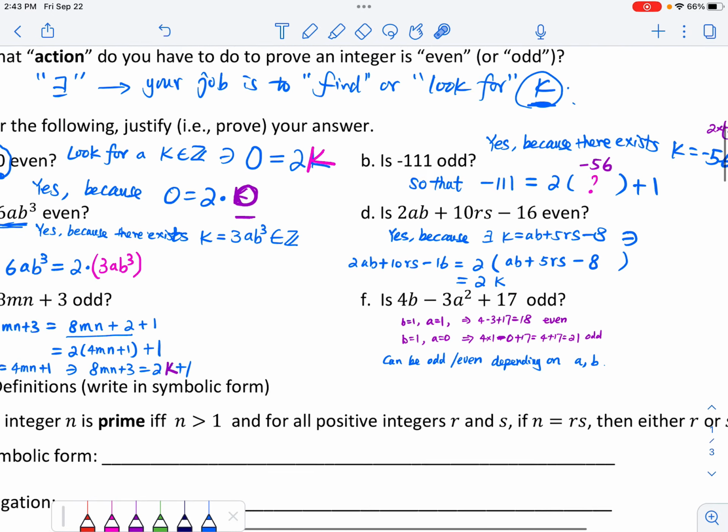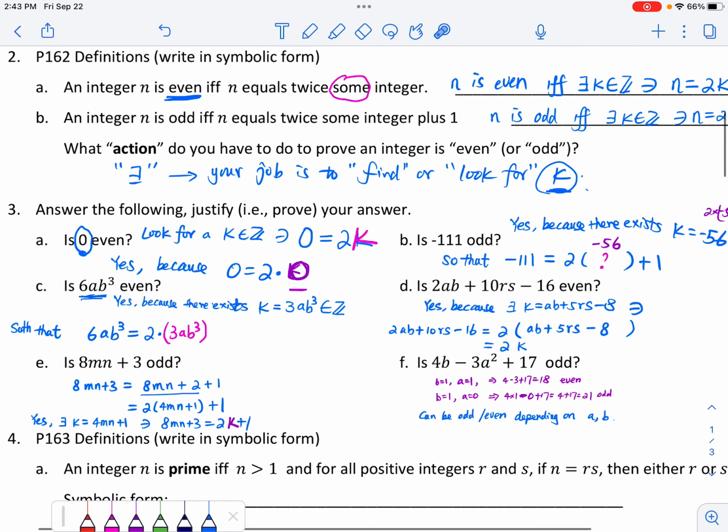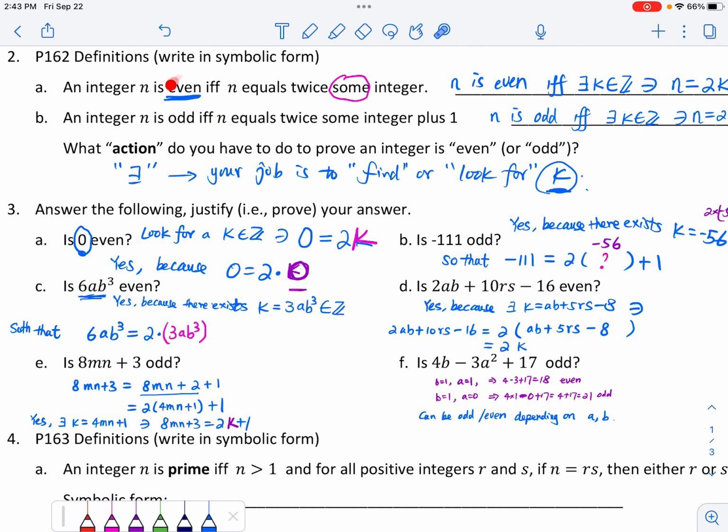So that's the first part of this section. We introduced two concepts, even and odd, and we kind of proved, not officially, we are not writing a very rigorous proof yet, but we are trying to apply the definitions so that we justify whether each one of those is odd or even. In the next video, we are going to talk about prime numbers.